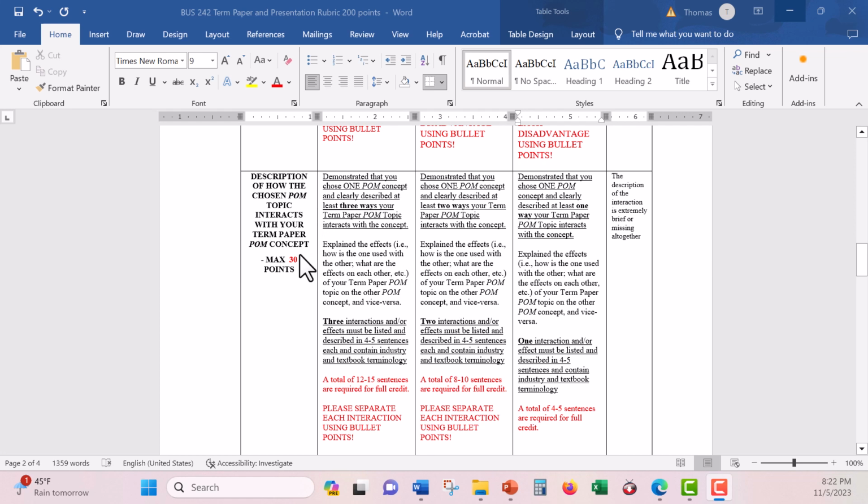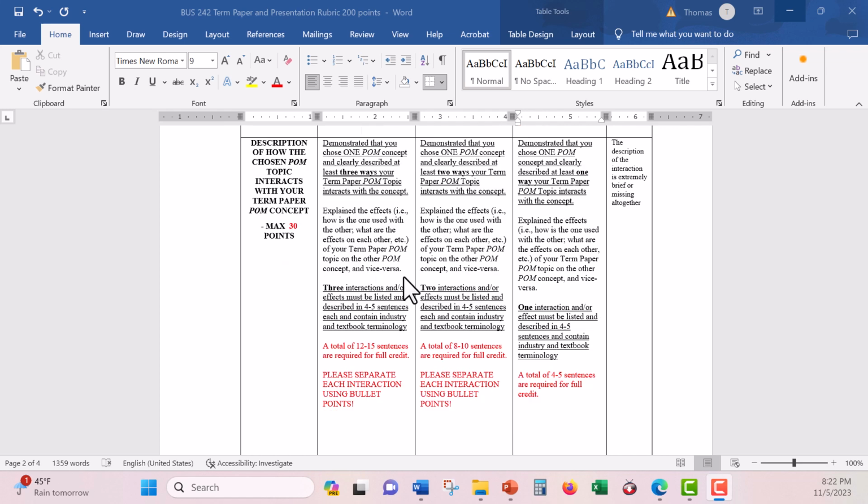Description of how the chosen POM topic interacts with your term paper. Okay, so you chose one production operations management concept and clearly described at least 3 ways your term paper POM topic interacts with the concept.